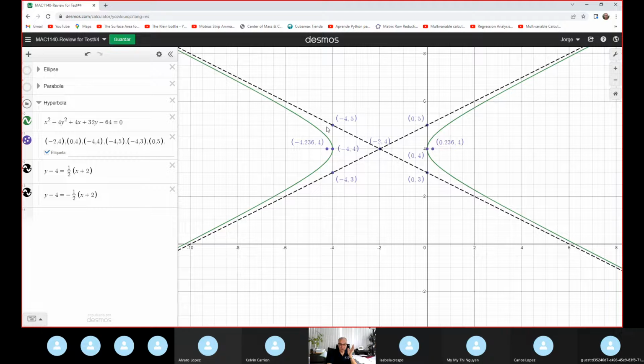And I did something here, the corners of the hypothetical reference rectangle, but it's not strictly necessary. The important information is the vertices, foci, and asymptotes, and that's it. Any question, guys? Clear or confused? Clear. Super.